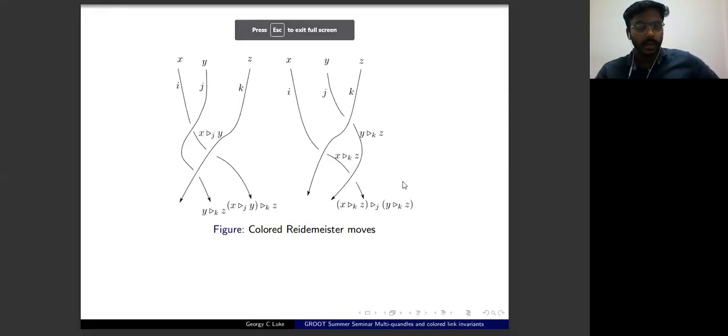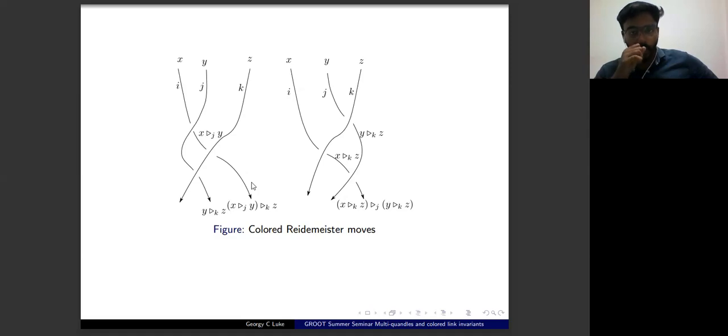Here one thing to note is that these moves are local Reidemeister moves. Since they are local, the labelings at the ends should not change.